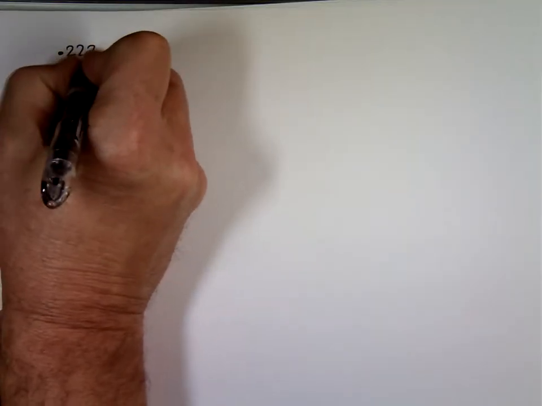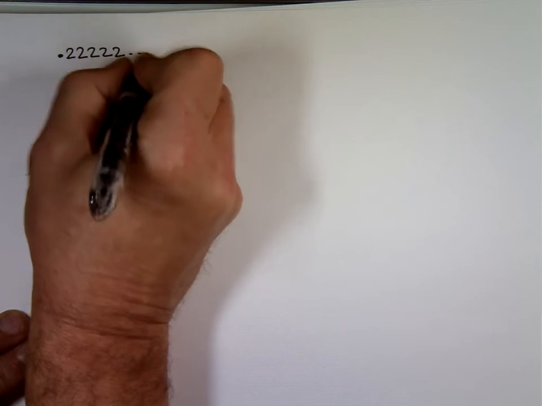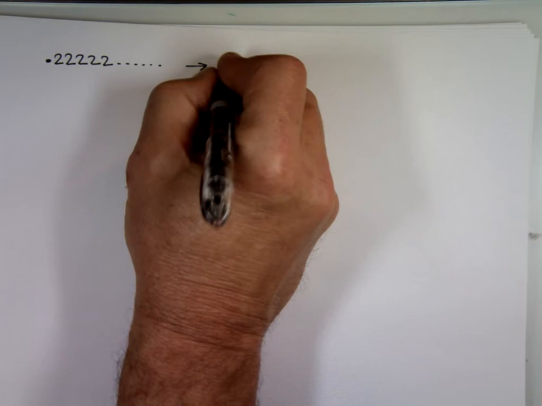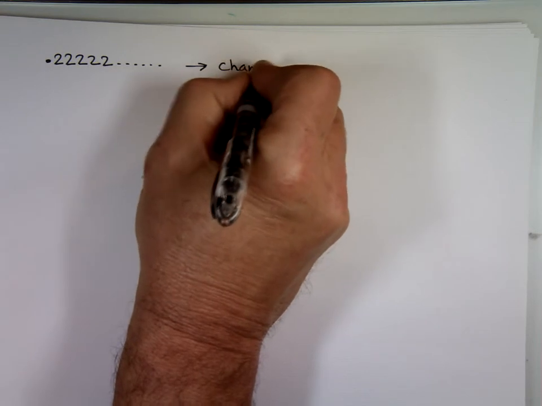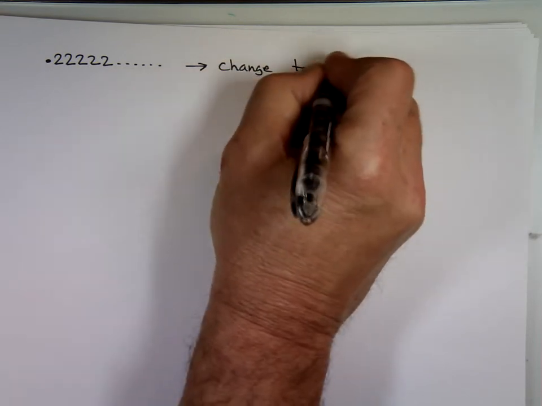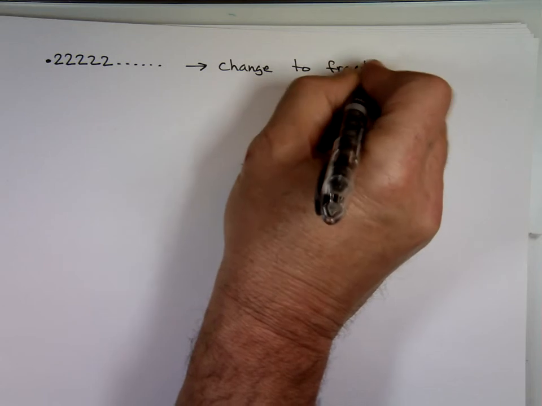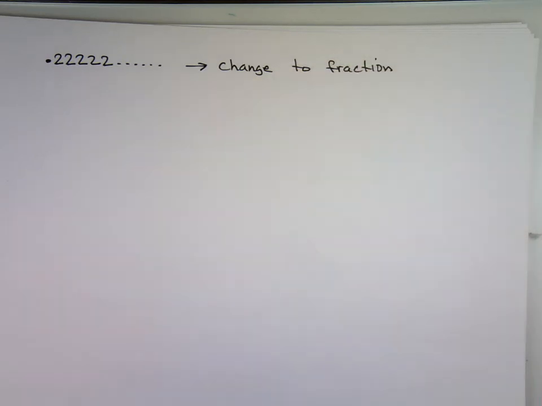It's a repeating number, and I want you to change that to a fraction. Don't push the button there. Leave the calculator alone. You're trying to guess on the calculator. Which number is it?